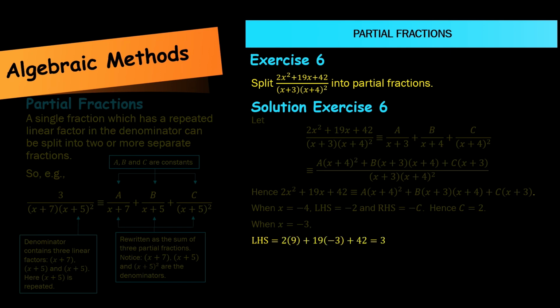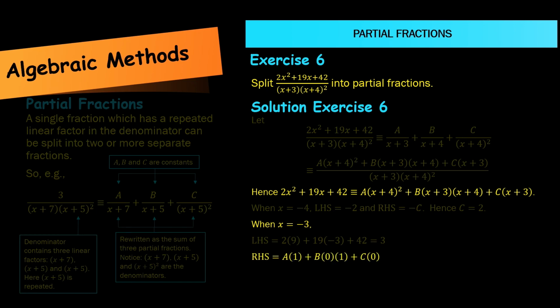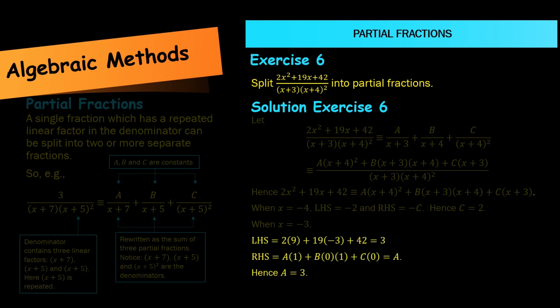And when we plug in x equals minus 3 on the right-hand side, we manage to get rid of the b term and the c term, as we intended, so that we can find the value of a. So on the right-hand side, we are left with a. Since the left-hand side and the right-hand side are equal, we have that a is equal to 3.